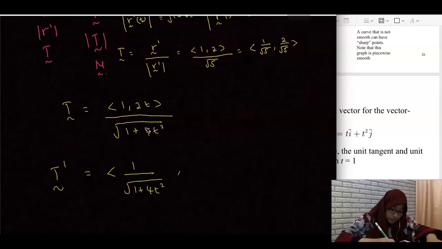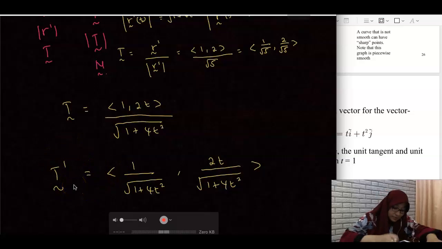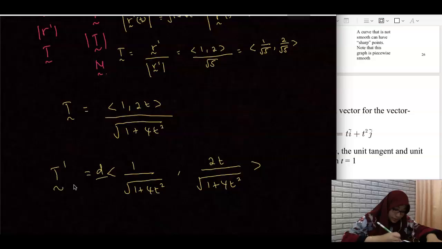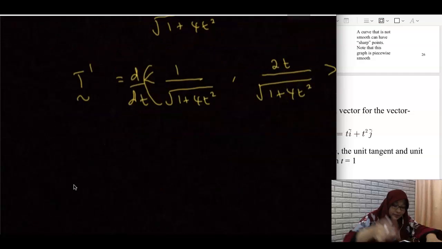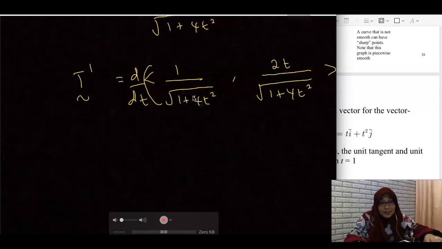Then for component y, 2t over square root of 1 plus 4t squared. In order to differentiate with respect to t, you have to put d over dt for the whole vector function. So it's not so direct.